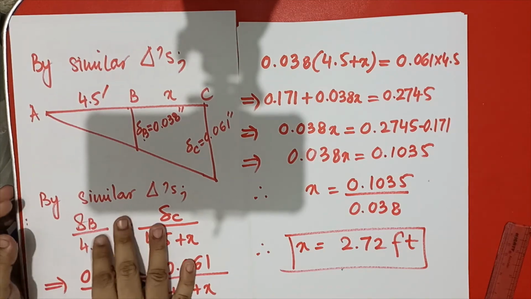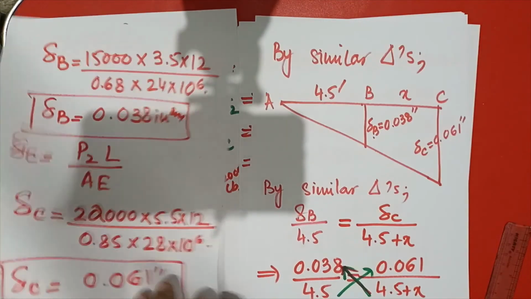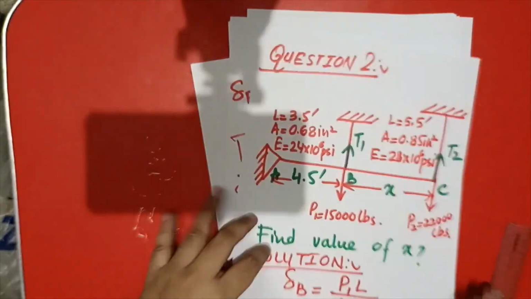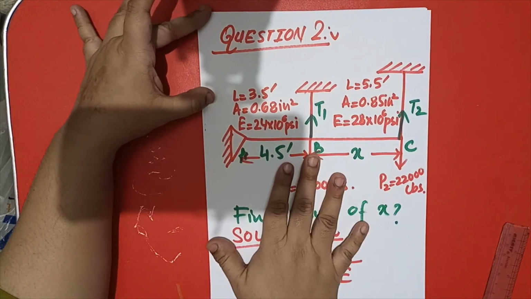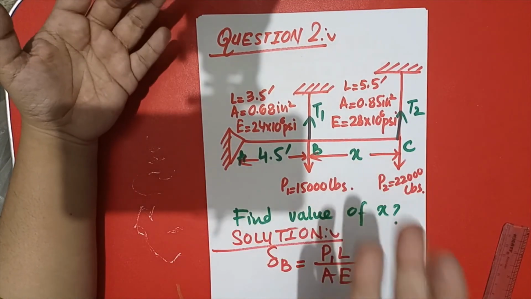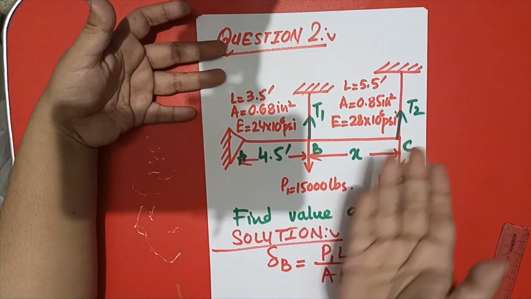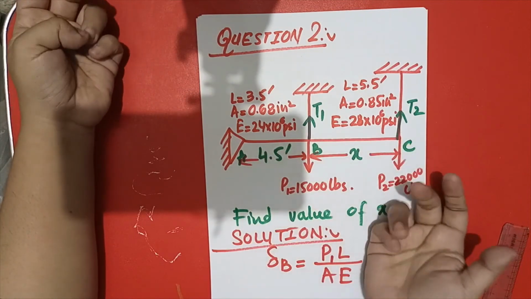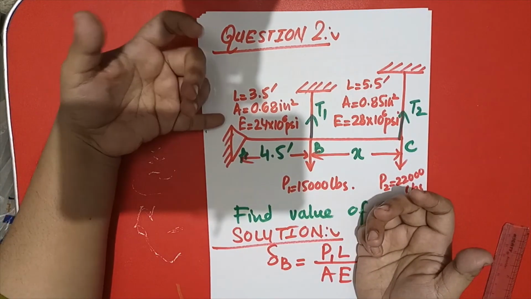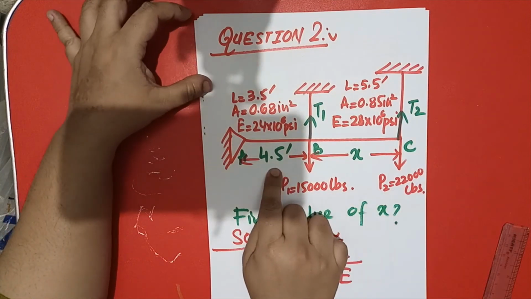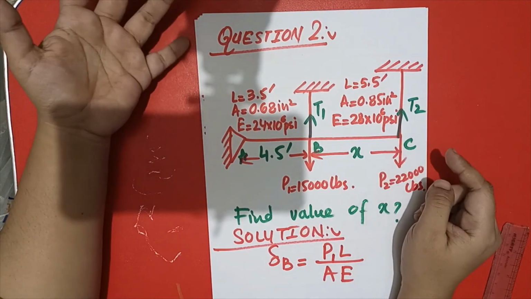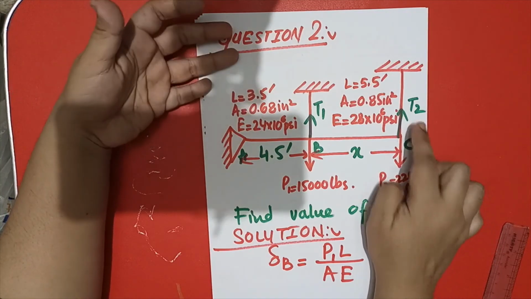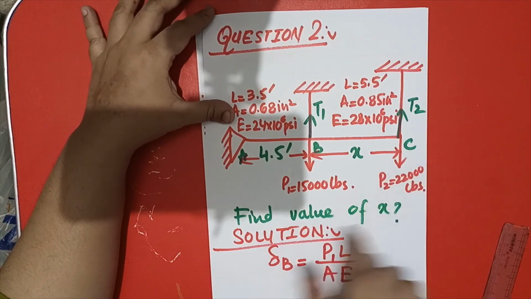So in this numerical, it is very easy as compared to the previous one, a short, less time-consuming numerical. You can see that we have two bars, and the data of the two bars is given: the length, area and modulus of elasticity. This is 4.5 feet. Loads were also given, which means P1 equals T1 and P2 equals T2. We have to find the value of x.